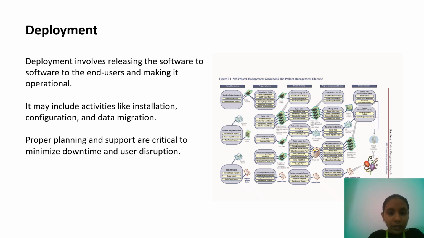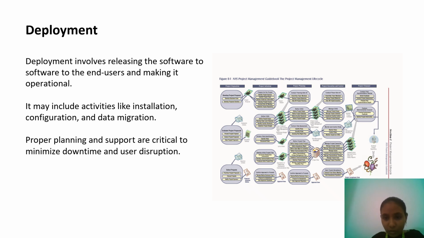In deployment, it involves releasing the software to end users and making it operational. It includes activities like installation, configuration, and data migration. Proper planning and support are critical to minimize downtime and user disruption.